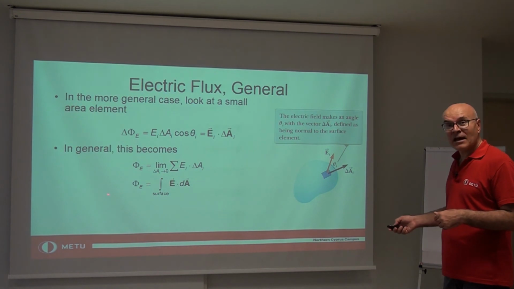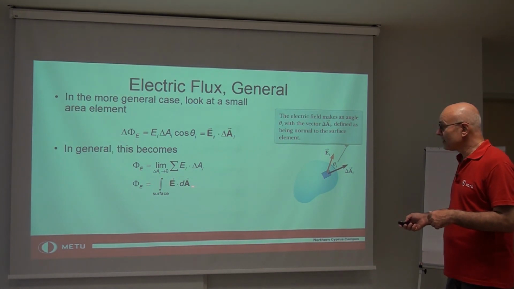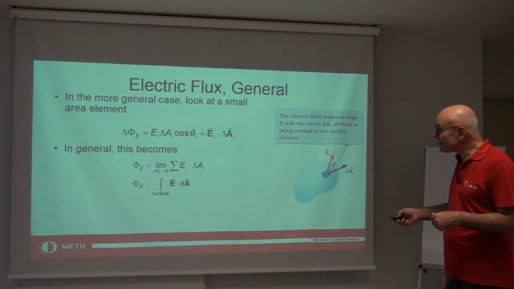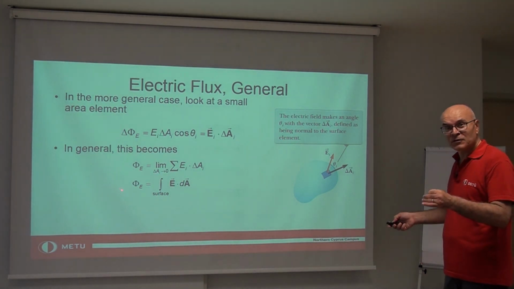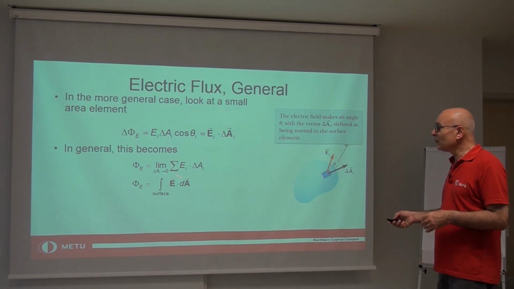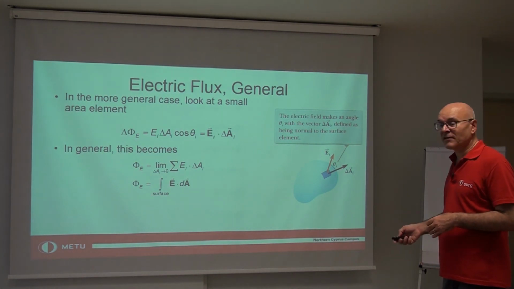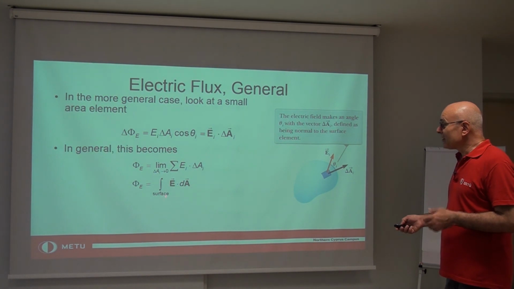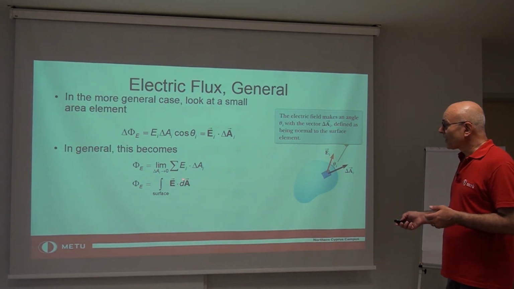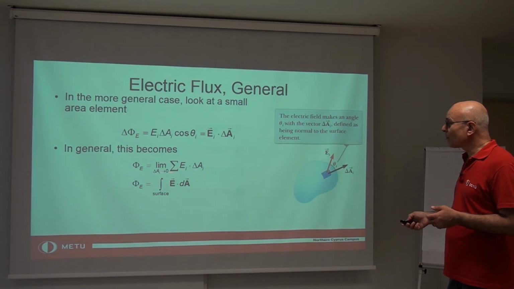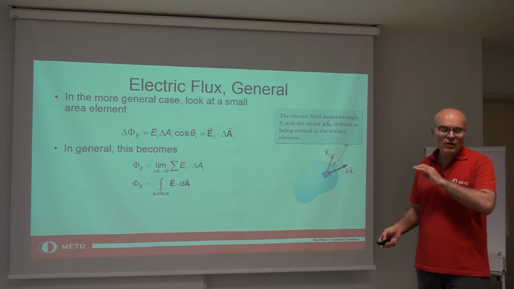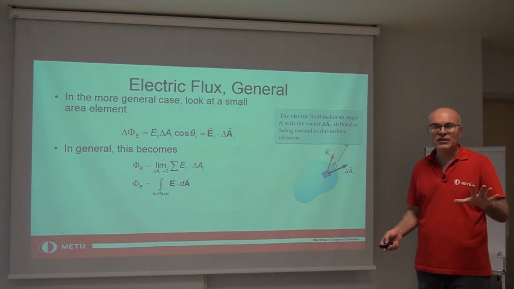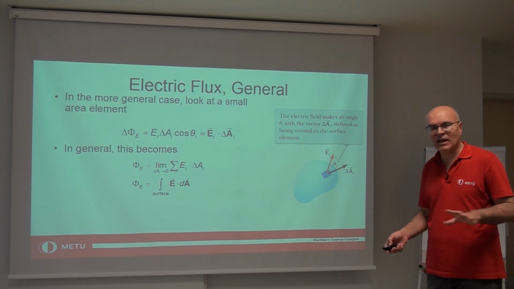So the flux is given by this integral. Understand it as the limit of this summation when the area goes to 0. This is how you write it down, and I put surface here just to remind you that this is an integral over the surface. So this is the electric flux through any surface, by any electric field penetrating that surface. This is the most general expression for the electric flux through any surface.